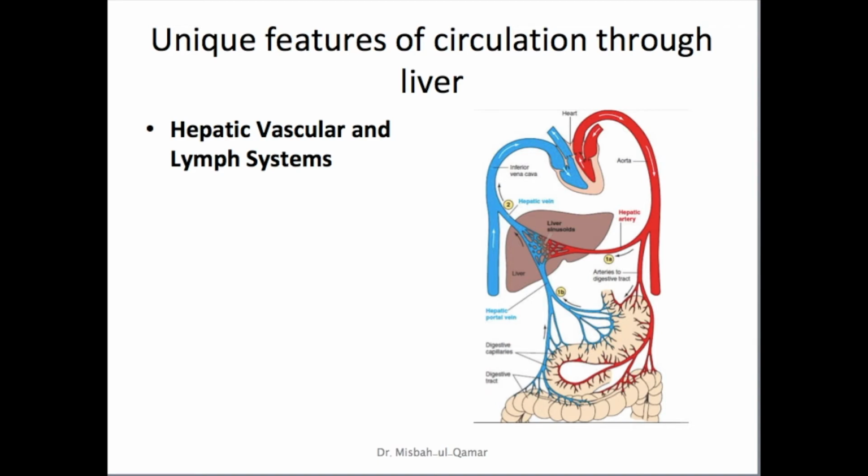Why do we say that there is low vascular resistance? Because, my dear, the pressure in the portal vein is only 9 millimeters of mercury, while the pressure in the hepatic vein is nil. Pressure in the hepatic vein is 0 millimeters of mercury, and this small pressure difference shows very low resistance to the blood flow through the sinusoids.